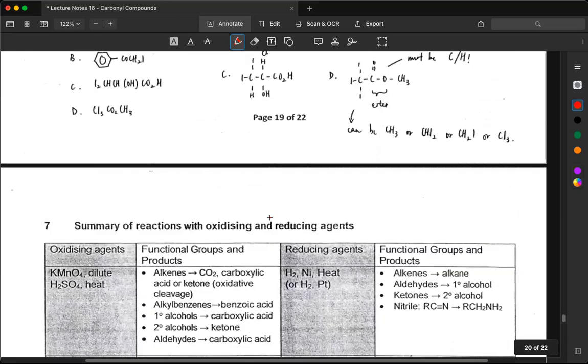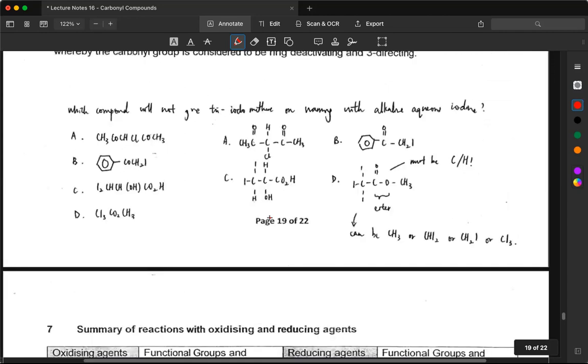So this is a summary of what will not give and what will give. You can refer yourself.